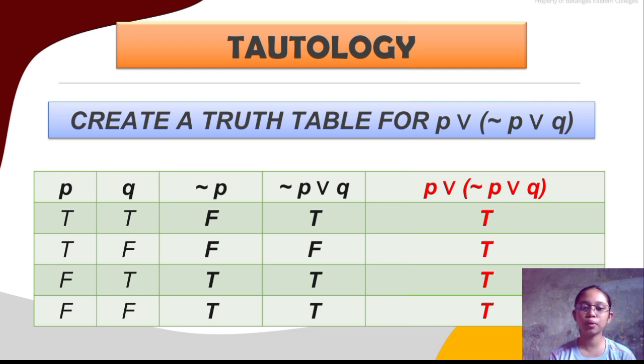At dahil nabuo na natin ang nasa parenthesis, mag-proceed na tayo sa P or not P or Q statement. So, at dahil or na naman ang ginamit, pag true statement ang isa at false statement ang isa, true pa rin ang kalalabasan dahil may isa sa kanila ang true statement.